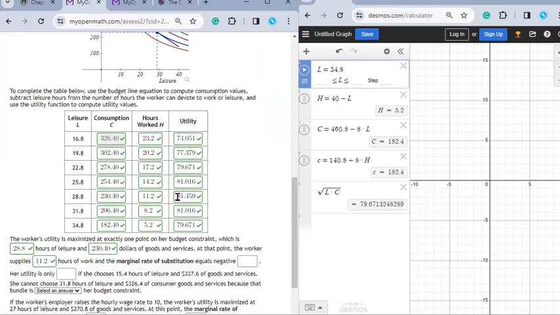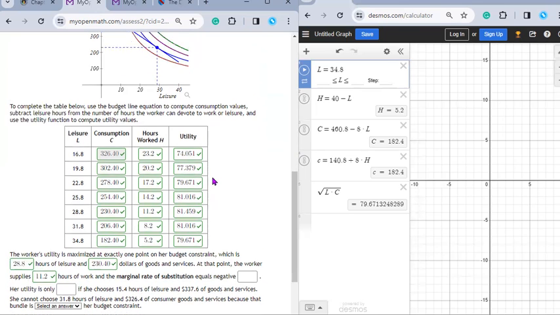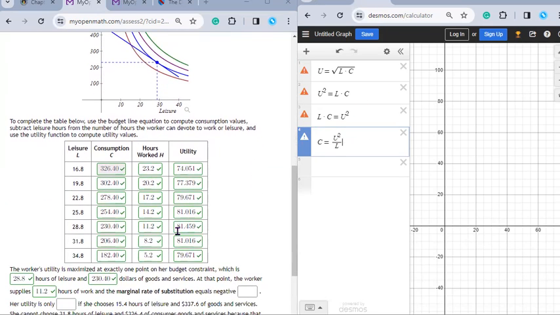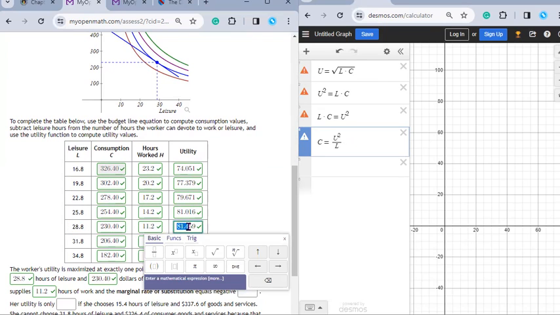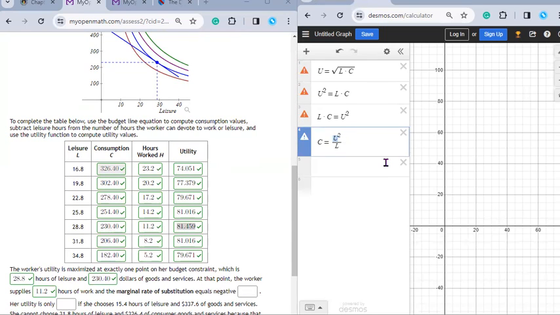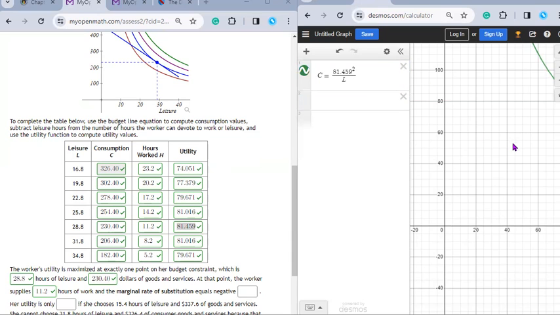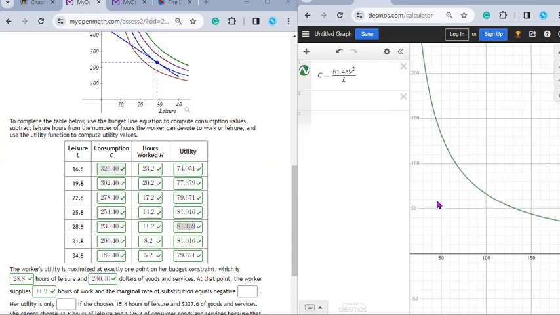Now, remember what I said about the marginal rate of substitution here. I'm going to go back to my other Desmos. My utility level at my optimal solution is 81.459. I'm going to replace U with 81.459, and I'll be able to graph my indifference curve.